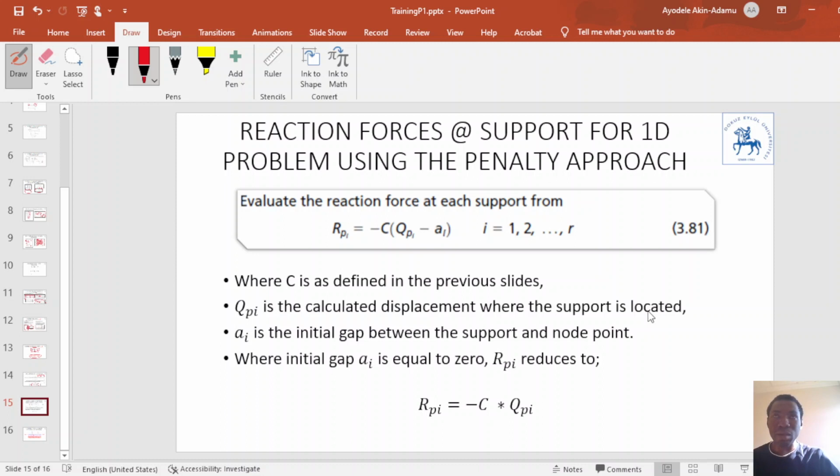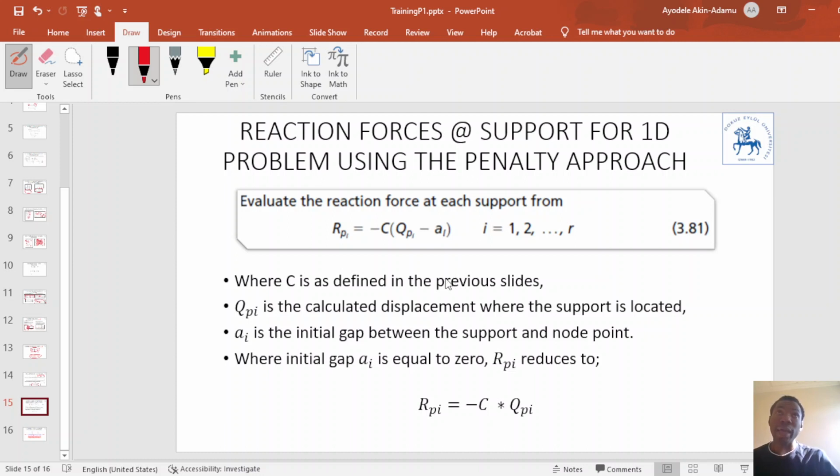So if the displacement is 1.2 mm, QPi will be 1.2 mm at that support node. If there is a contact problem at the support location, say there is a gap of 1.2 at that point, A will be defined as 1.2, which is the gap between the node and the support.